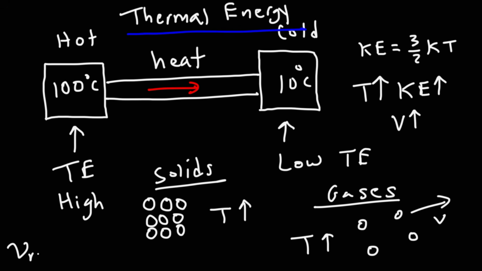There's something called the root mean square velocity of a gas particle, and it's equal to the square root of 3RT over m, where T is the temperature and m is the molar mass. So heavy gas particles tend to move slower, but a sample of gas at a higher temperature will have gas particles moving at a greater speed.